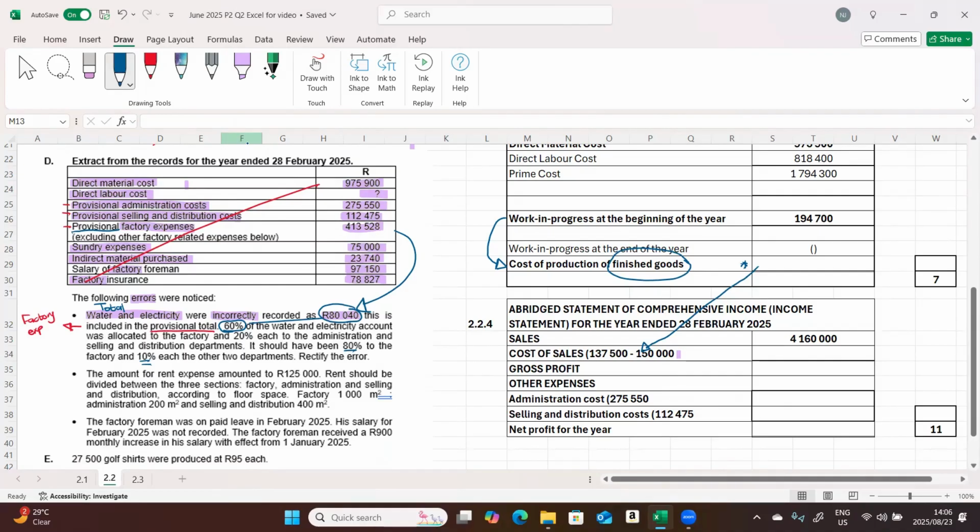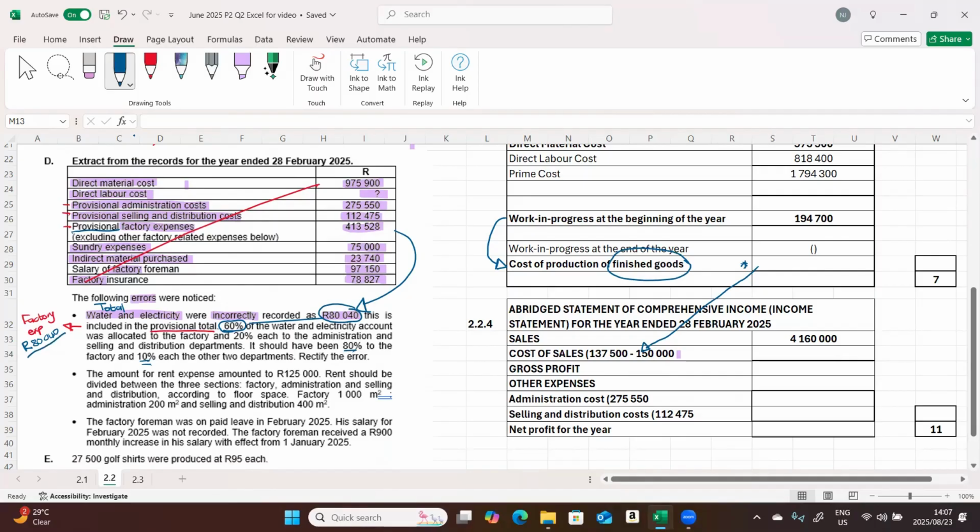So to get your total, that's the main thing you have to understand, you have to go from 60% to 100%. And how do we do that calculation, guys? All we do is take the 80,040, which is 60% of your total water and electricity, and divide it by its percentage.